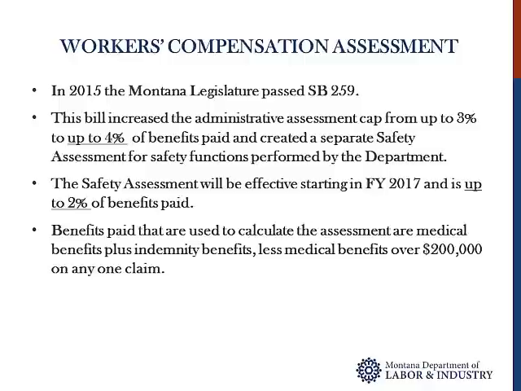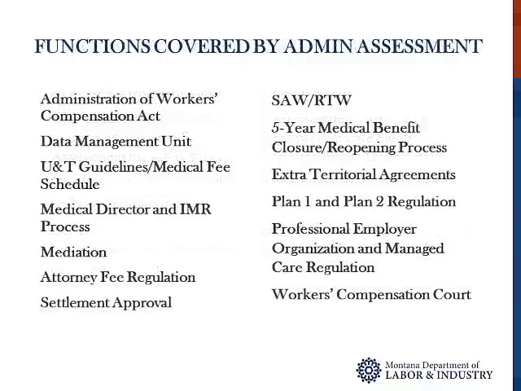In the next two slides, we break out the functions performed by the Department into administrative functions and safety functions. All functions are currently covered under the administrative assessment. Starting in fiscal year 2017, the administrative functions on this slide will be covered by the administrative assessment, and the safety functions on the following slide will be covered under the safety assessment.